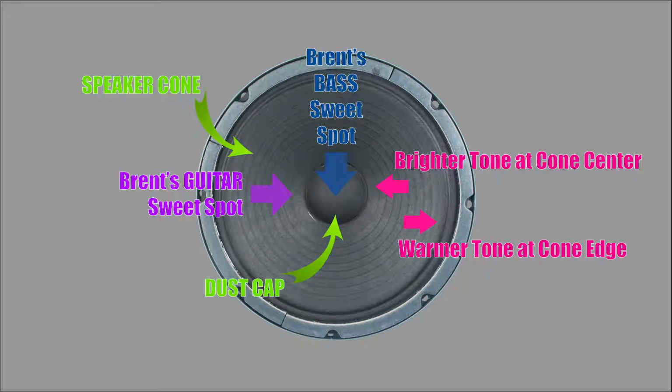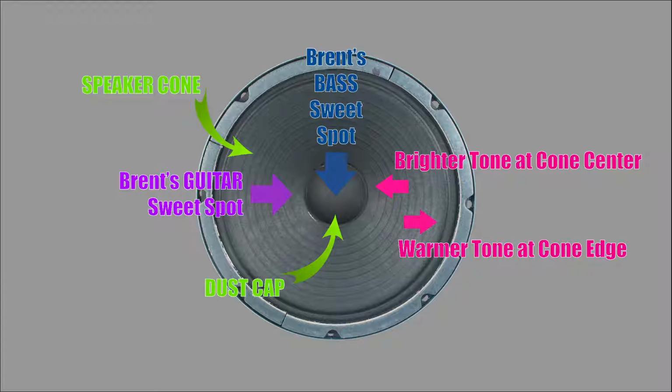Now, the dust cap is the center thing in the middle, and then the rest of it is the speaker cone. And as you move the microphone out to the outer edge of the cone, you get a warmer tone. And the closer it is to the dust cap in the center, the brighter the tone.